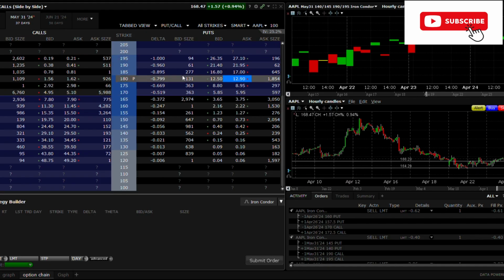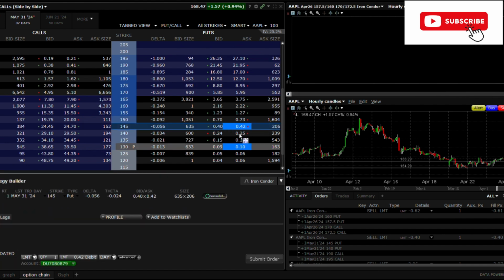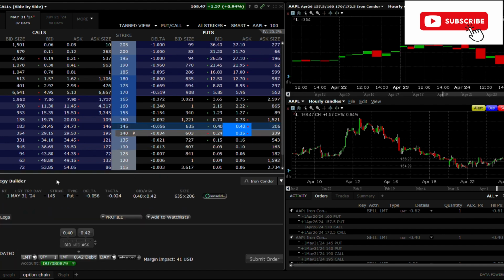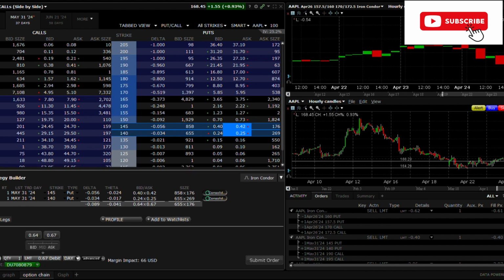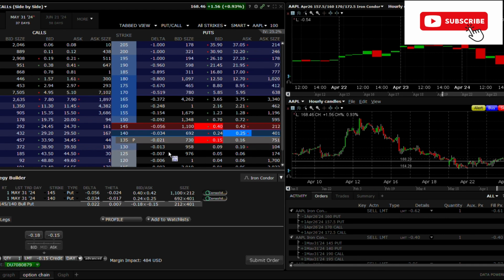This is the Apple option, and with an Iron Condor you sell an option on the put side and buy an option to manage the risk. So here you sell a put, and then you buy a put to manage your risk.